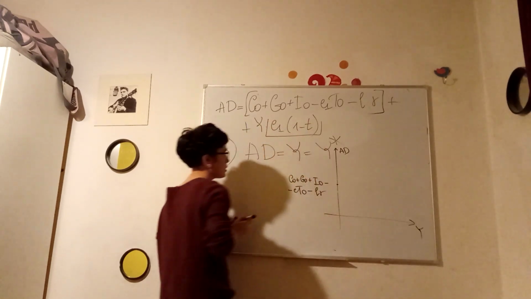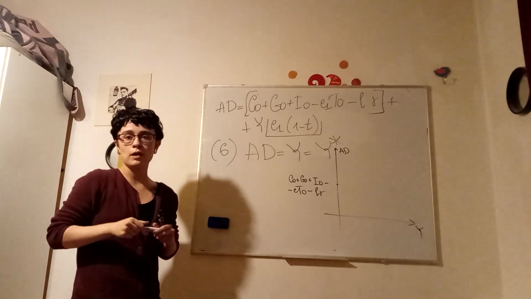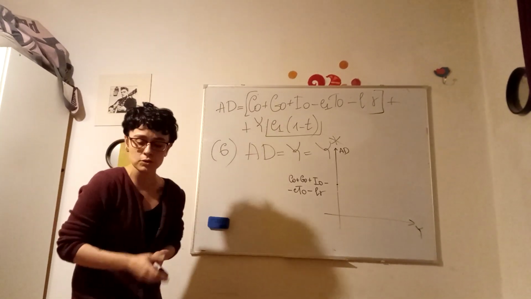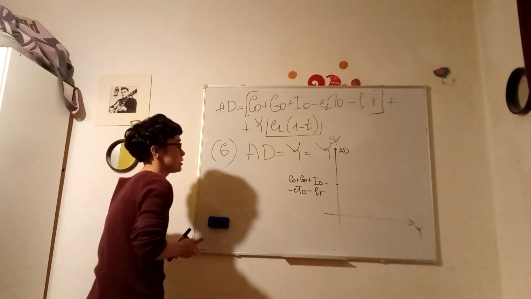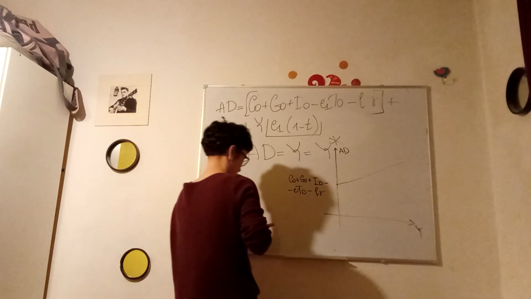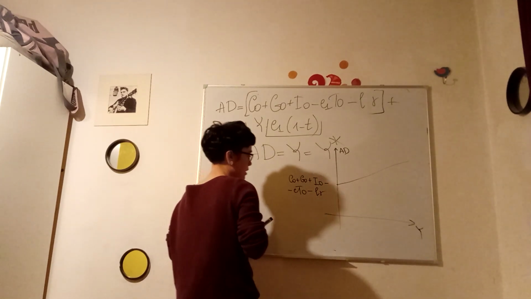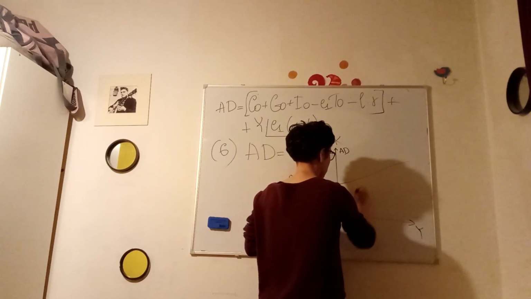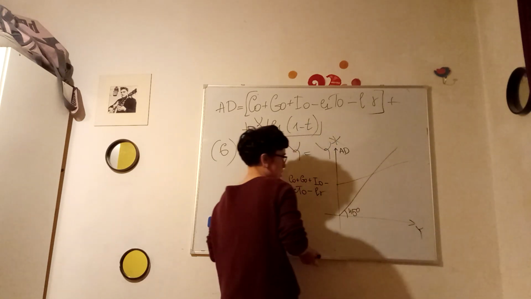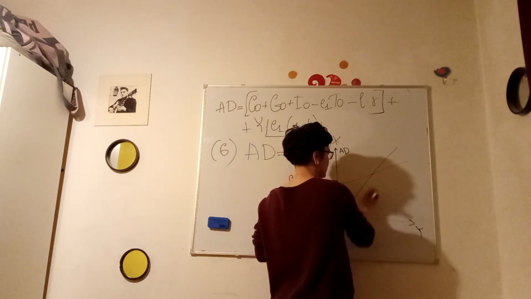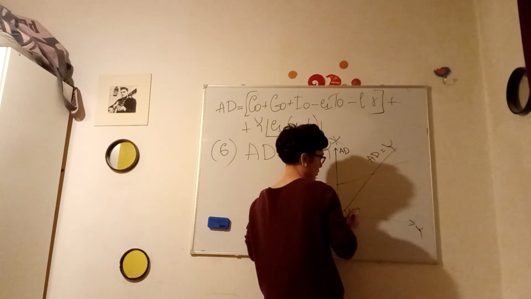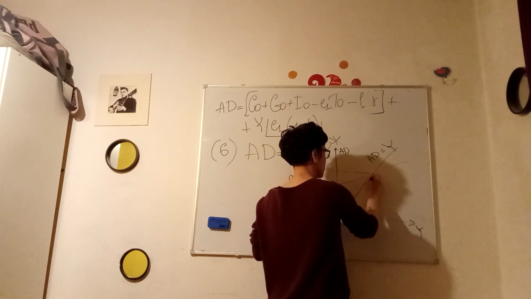Keep in mind that 1 minus T is smaller than 1 and C1 is smaller than 1, so the product of these values will also be smaller than 1. So this line should be rather flat. We applied the same trick by drawing the 45 degree line. Basically, it means that along this line, aggregate demand is equal to aggregate output. And this is our point of equilibrium.